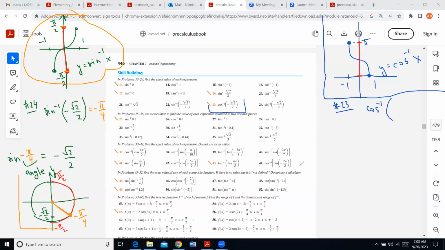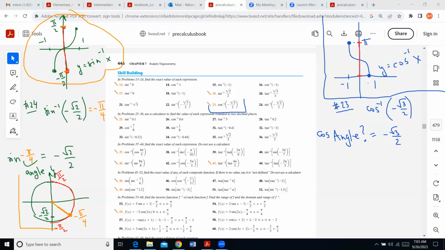So if you take arc cosine of negative radical 3 over 2, analogously to my previous example, I have to find the angle. So what angle has a cosine equal to negative radical 3 over 2?